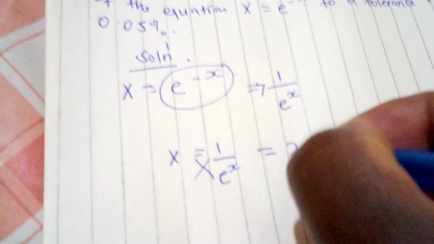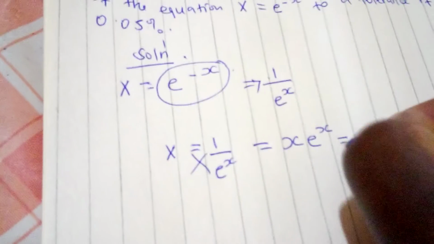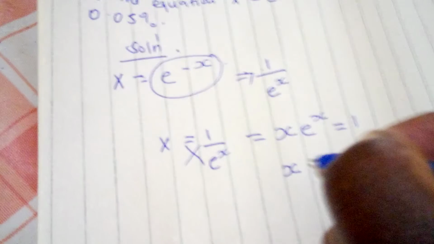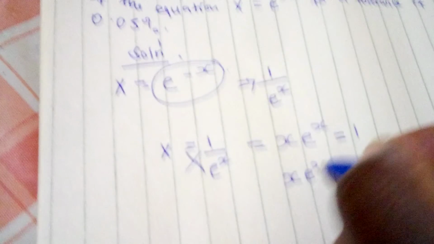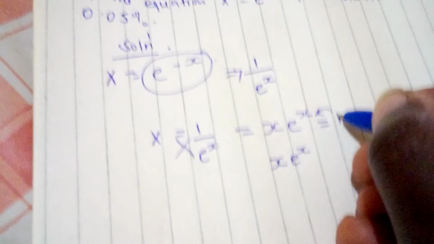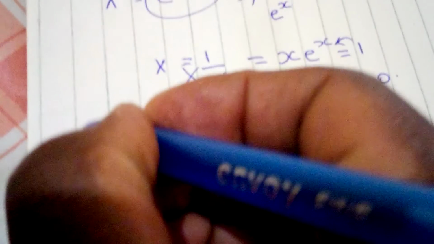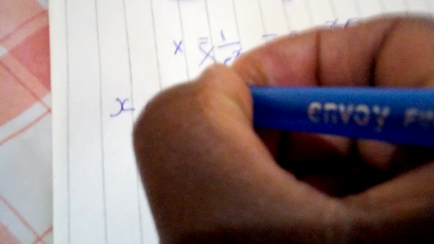You will have x multiplied by exponential to power x is equals to 1. You bring the 1 to this side, it will be x exponential x minus 1 is equals to 0. So this will be our equation up to the end.